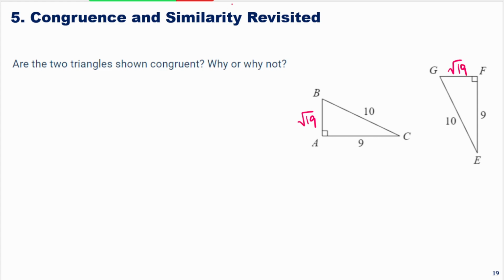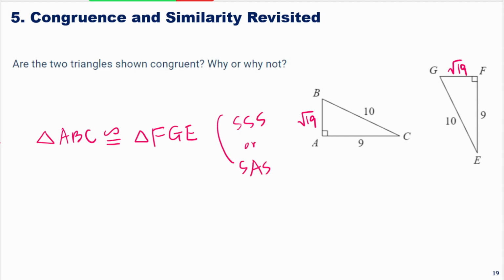Therefore, by SSS or SAS, we have triangle ABC is congruent to triangle FGE.